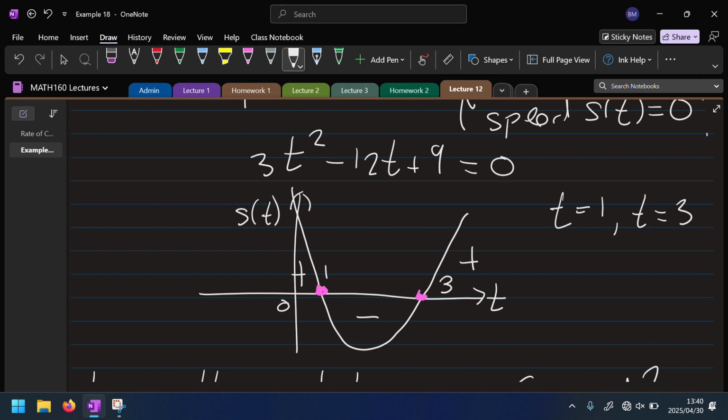Okay. So t equals 0, you're over here. So from t equals 0 to t equals 1, the particle over here is going to have positive speed. They're going to move to the right. So 1 second. Okay, you've covered this distance. Okay, good. From t equals 1 to t equals 3, you agree the speed is negative. So now you're moving to the left.